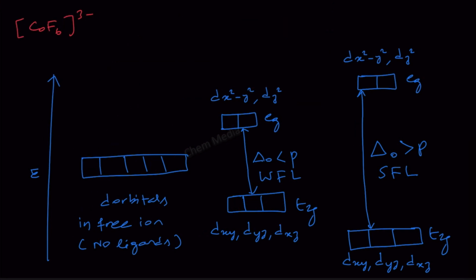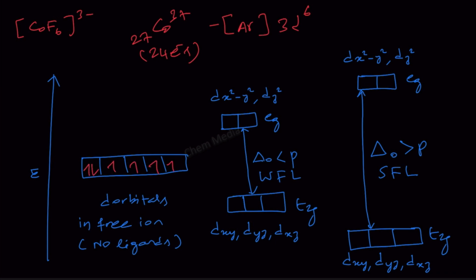And then finally we have CoF6 3 minus, oxidation state of cobalt here is plus 3. So that means we have 24 electrons once again. Therefore the electronic configuration is argon and then 3d6, 18 plus 6, 24. So 6 electrons are there in the d orbitals.